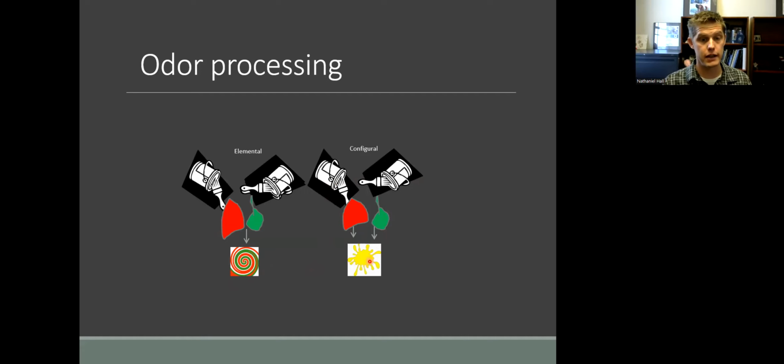When I look at this yellow splash, I don't see red and green, I just see yellow. This is A plus B equals C, whereas in the elemental case A plus B equals AB. So this is the elemental, where you see those individual elements. This is the configural, where it combines to produce this third element.